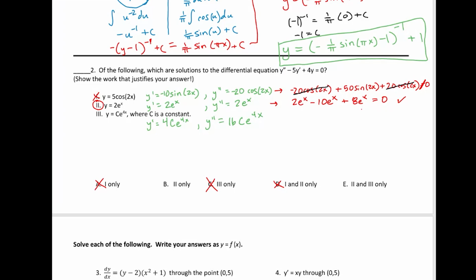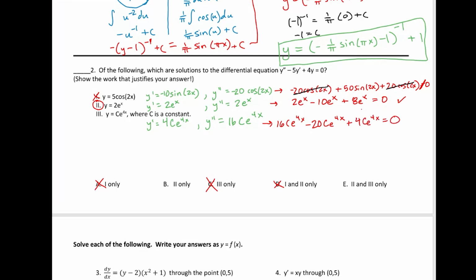So for this one, we've got y double prime, which is 16c e to the 4x, minus 5 times y prime. So 5 times 4 is 20, so minus 20c e to the 4x, and then plus 4 times y. So 4c e to the 4x.